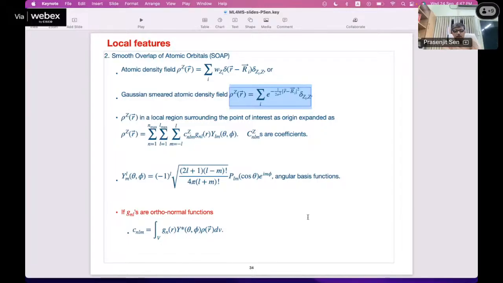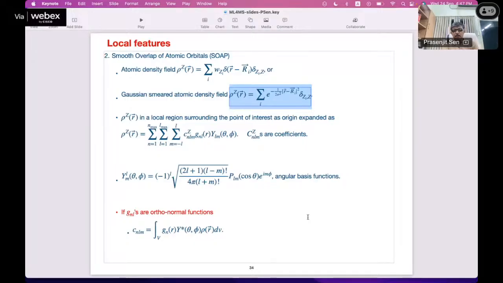So if you focus on that formula, if an atom with atomic number Z is located at capital Ri, its contribution to the field value at some other point small r goes down like a Gaussian, and you have to choose some appropriate sigma.